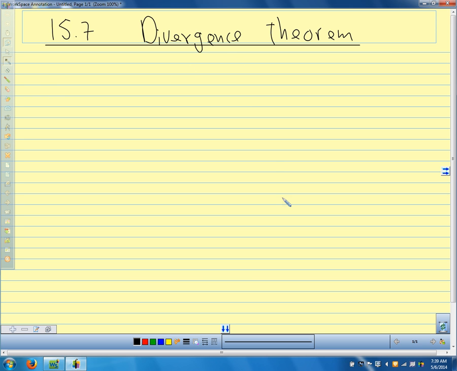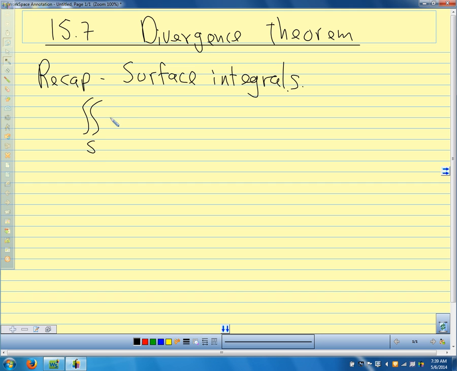All right, so let's do a quick recap of surface integrals. We started with scalar surface integrals, the integral over S of f of x, y dS. Our procedure was to parameterize our surface and express f in terms of the parameterization.